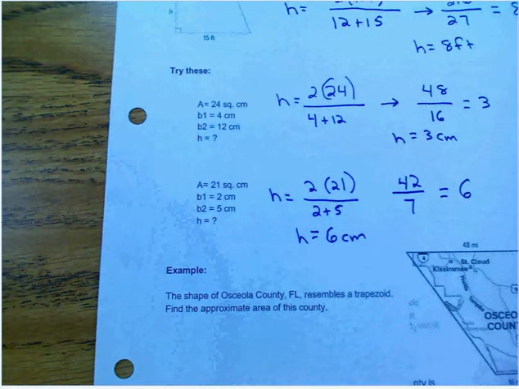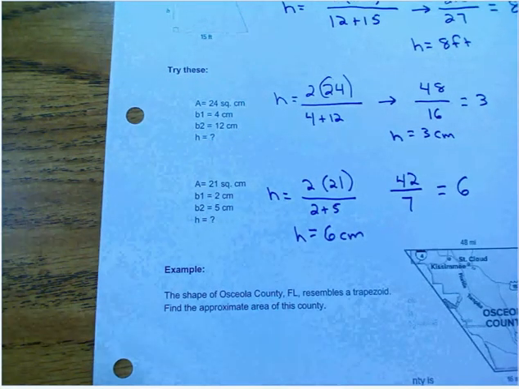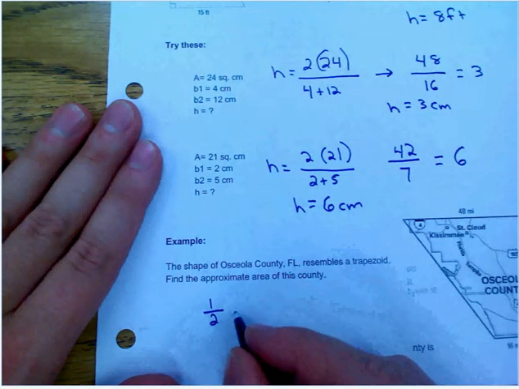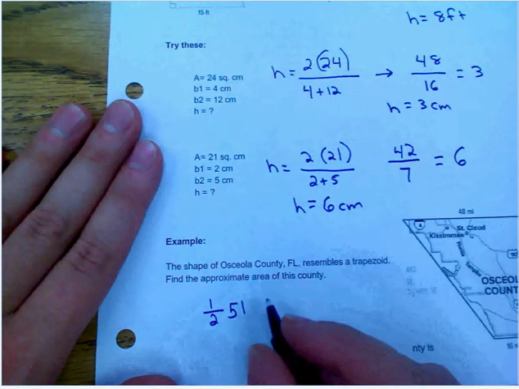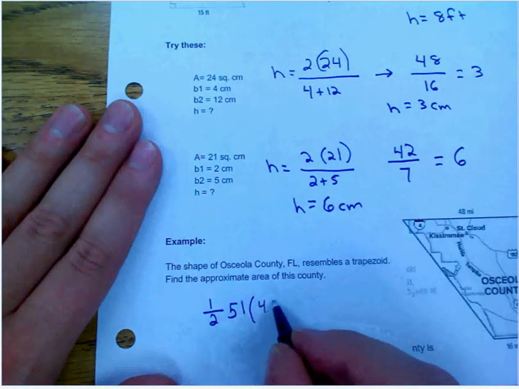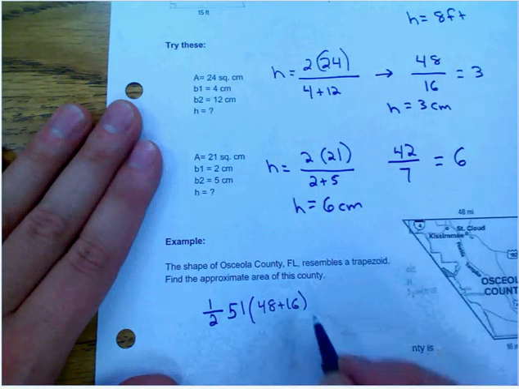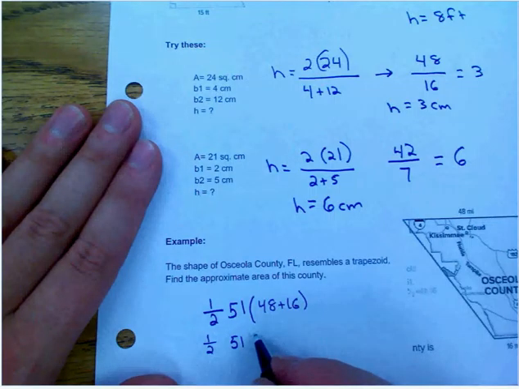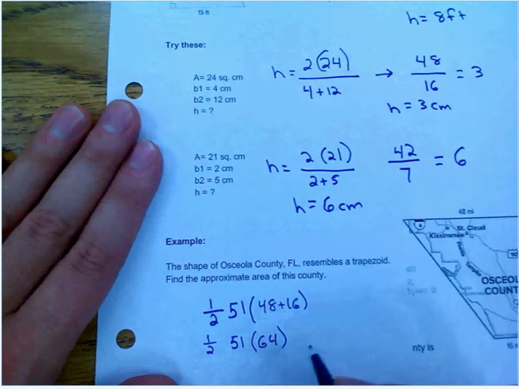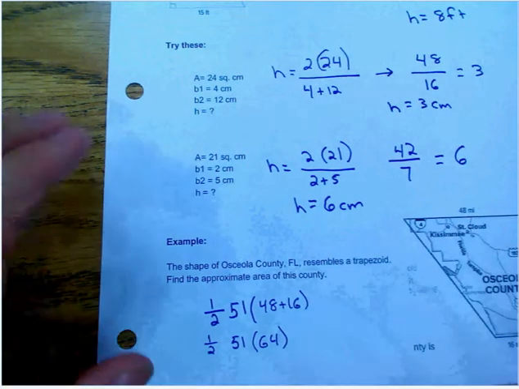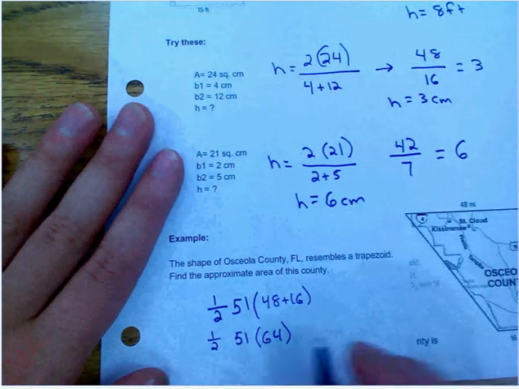So when we're talking about finding our area in our example here, we have 1/2 of the height, which is 51, times our base 1 plus base 2. So we have 1/2 of 51 times 64. 51 times 64 is 3,264.